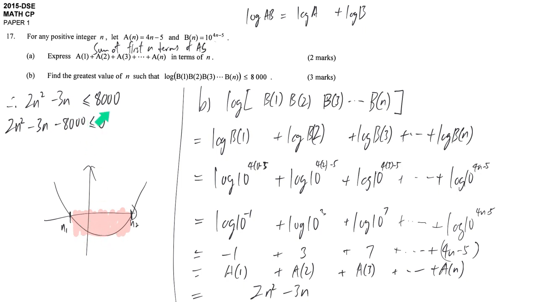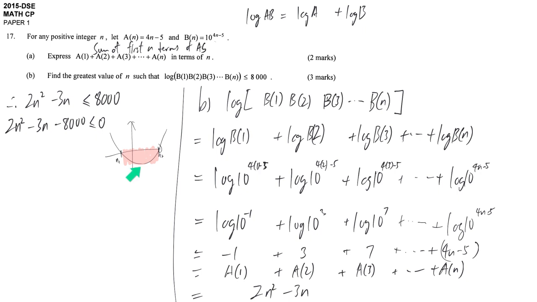If we are asking for larger than 0, then we choose the two outer regions. But now we are talking about the middle region. So we directly jump to the conclusion. Our answer, that means the feasible choice for n is within two values, n1 and n2.